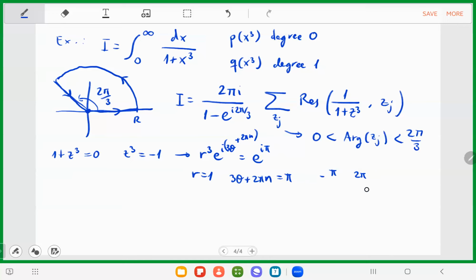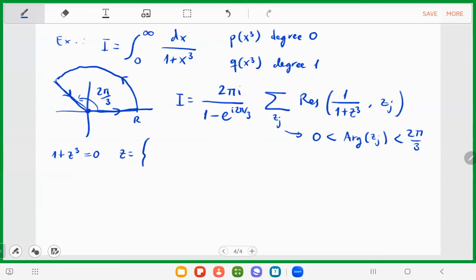From that, it's easy to see that for n equals 0, we have z equal to the exponential of i pi over 3, where the modulus has to be 1.